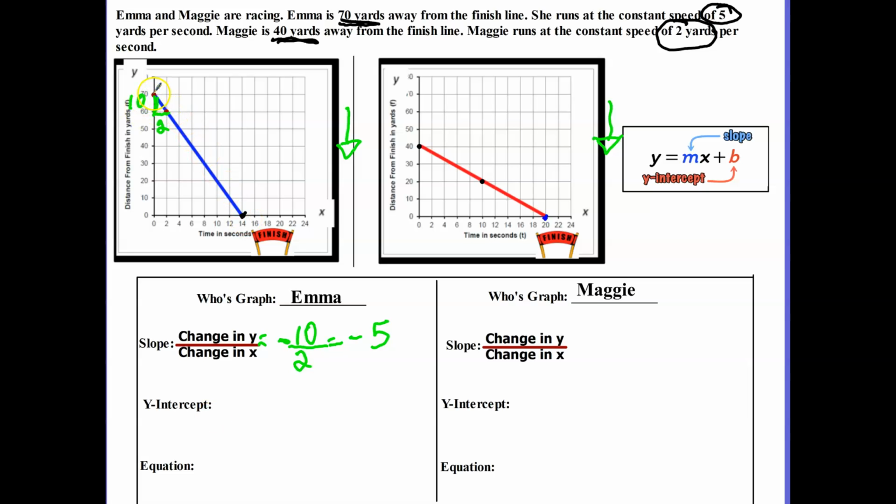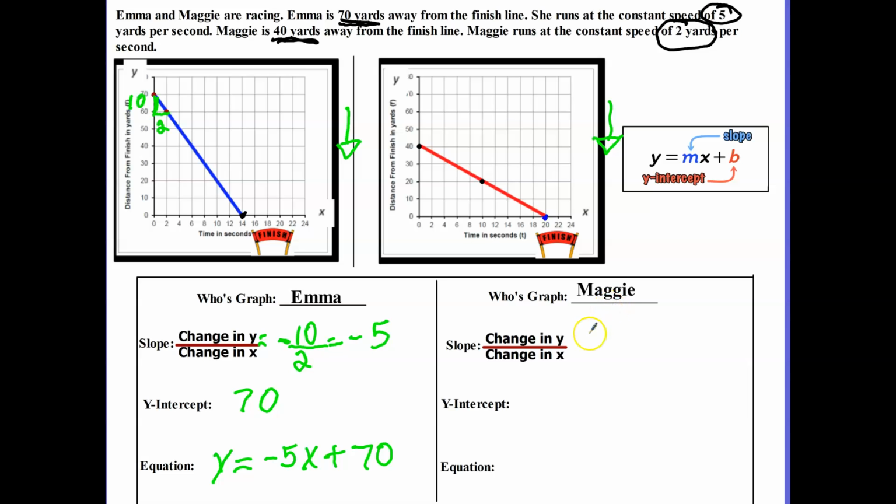That's when the line touches the y-axis. And that's how far she was from the finish line. So our equation will be y equals negative 5x plus 70, where 70 is how far she was from the finish line.